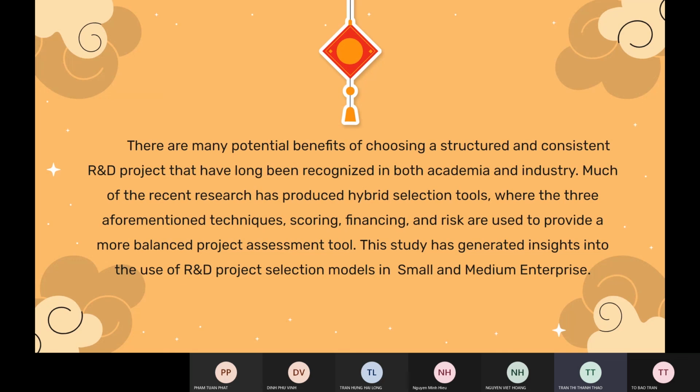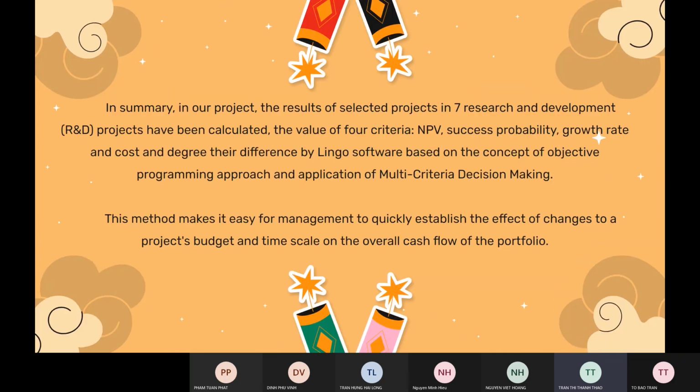And finally, in conclusions, in summary, in our project, the result of selecting projects among 7 research and development R&D projects has been calculated, with the values of 4 criteria: NPV, success probability, and so on, computed by Lingo software based on the concept of goal programming approach and applications of multi-criteria decision making.